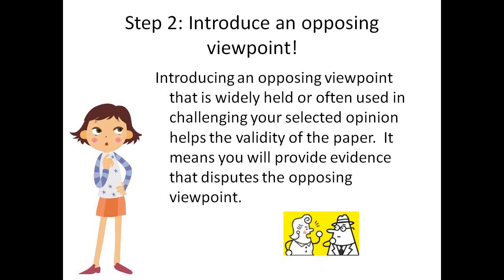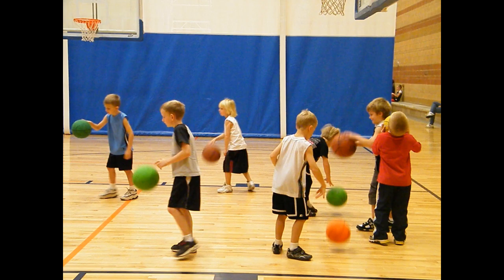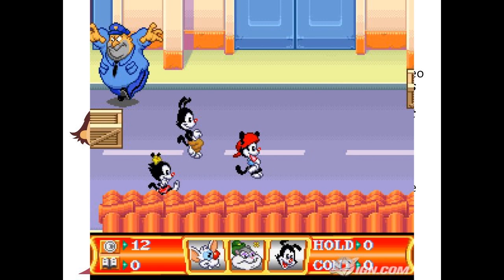When you introduce your opposing viewpoint, you want to make sure that it's actually a strong opposing viewpoint, not just some token fringe view. Let's say we're playing basketball. If I told you my basketball team just defeated the Monstars from the movie Space Jam, you might be impressed. It's a big team, they have a lot of talent, that would be a good victory. But if I told you I beat these little pee-wee kids around, you probably wouldn't be impressed. Thus, the strength of your opposing argument is important.